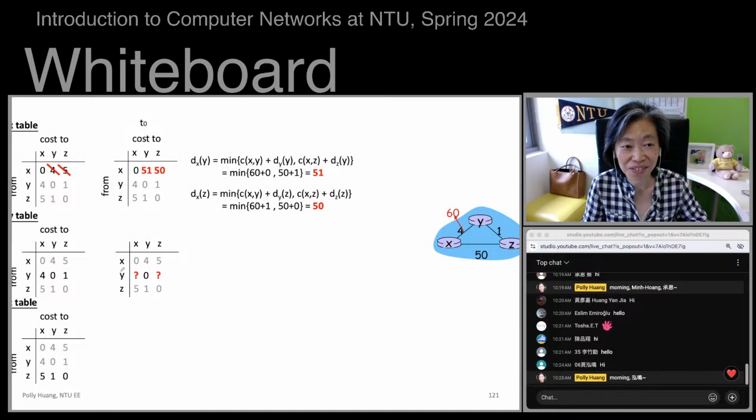All right, so in the end we get these 51, 50, for dxy and dxz. So now you derive y's distance vector. That is, calculate dyx and dyz.